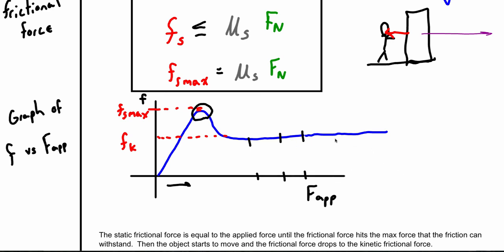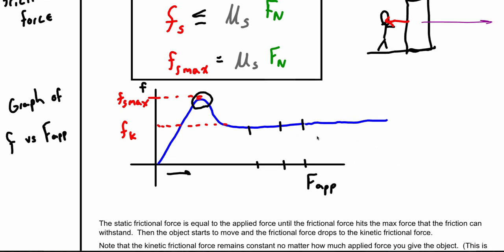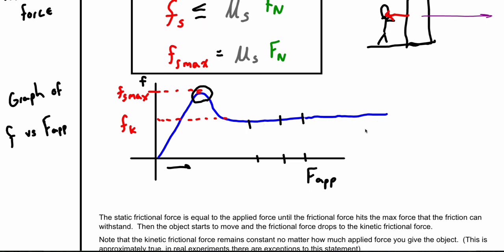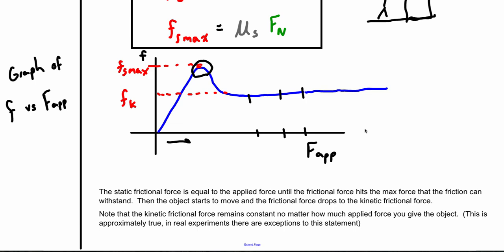The frictional force levels out and stays the same no matter how hard you push. So the static frictional force is equal to the applied force, right here, until it hits the max friction that the object can withstand. Then it starts to move, and the frictional force drops to the kinetic frictional force.